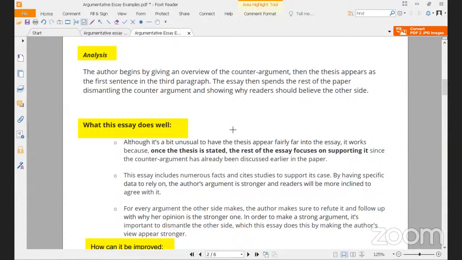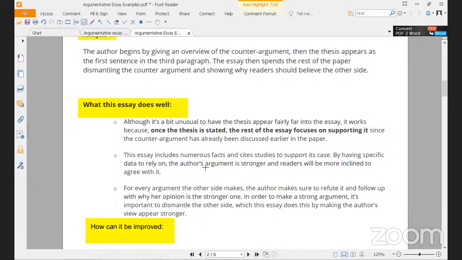Okay. And how can it be improved? I think that if it is an argumentative essay, the positions need to be stronger, because it doesn't have a real opinion. It's only presenting the facts. It's not taking a position.